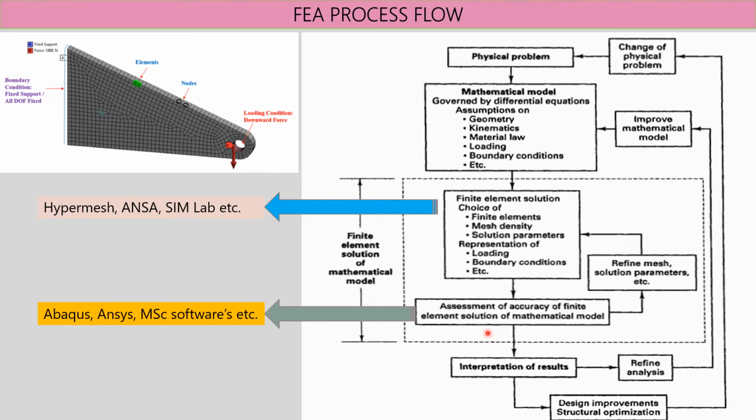After the first run, if you get any results which are not satisfactory with respect to the physical problem, then we need to go for refining the mesh, changing the boundary conditions, or changing the solution parameters, and then run the simulation again. After that run, if you are satisfied with respect to the physics of the problem, good.